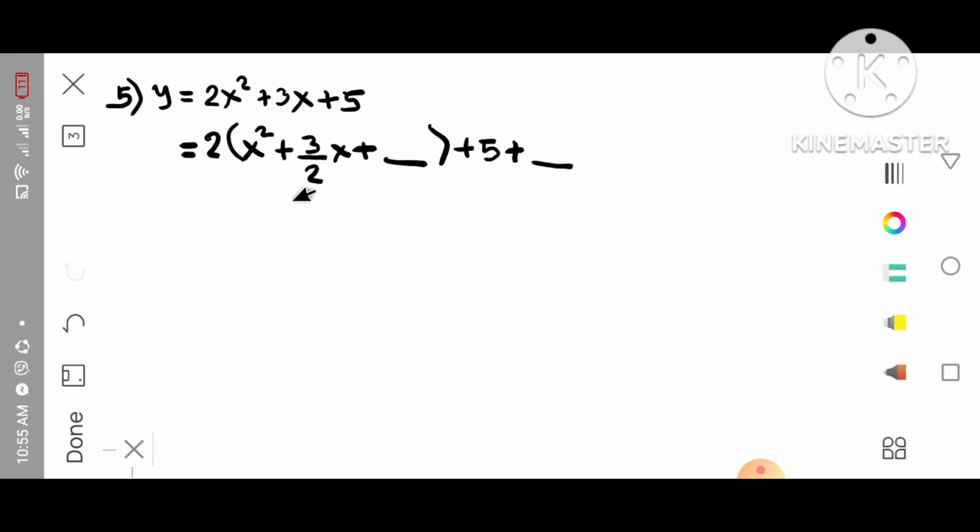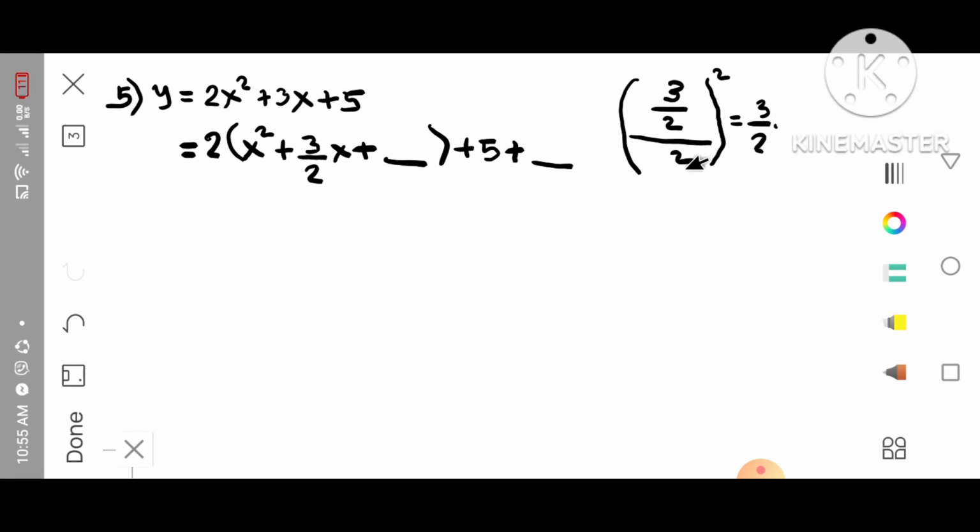Now notice that our b is 3 over 2, no? Fraction ang b natin. So again, applying the formula b over 2 squared, we have 3 over 2 over 2 squared. Oh, medyo komplikado ng konti, no? So how do we divide fractions? Diba?